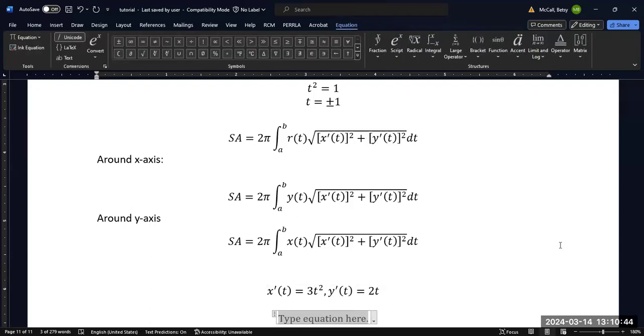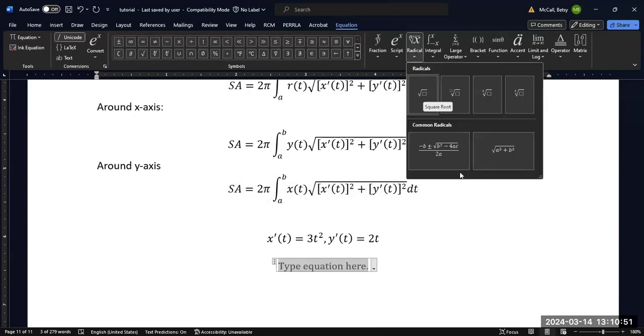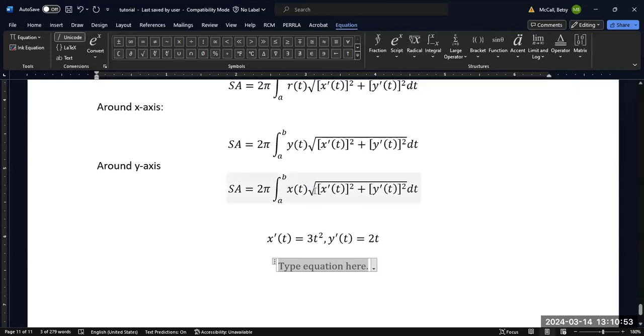And then our arc length component, this piece right here, is going to be the square root of 9t to the fourth plus 4t squared.